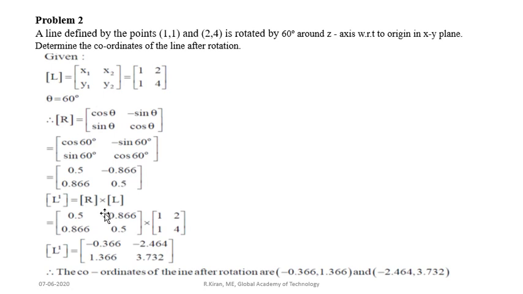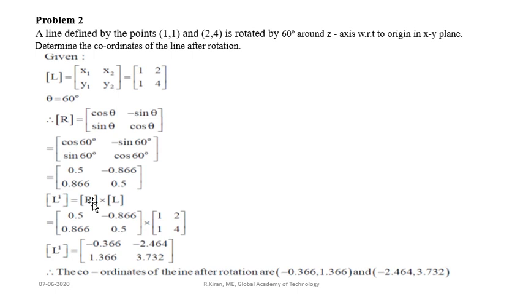And here we have the rotation matrix equation which is used to represent the point after the rotation. That is, L dash is nothing but the line which is obtained after the rotation, and the rotation matrix R is given by this particular equation, and the line L is represented by this matrix 1 comma 2 and 1 comma 4.